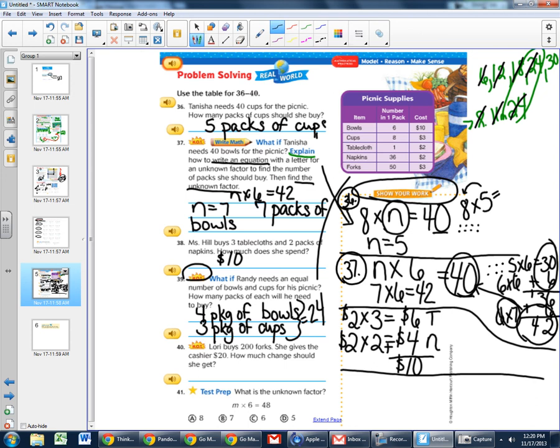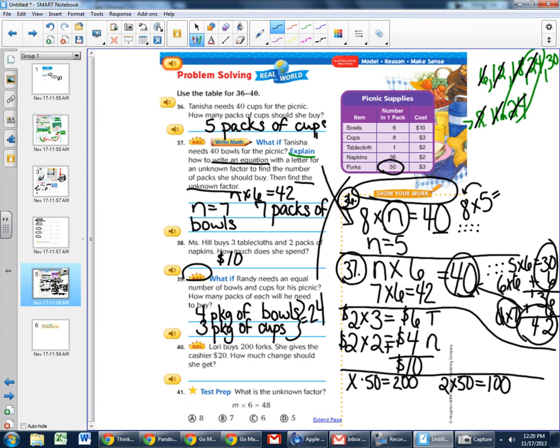So Lori buys 200 forks. Forks come in a package of 50. So again, I'm going to think, how many packages do I need? Blank times 50 equals 200. Think about how many 50s equals 100. So 2 times 50, that is money.